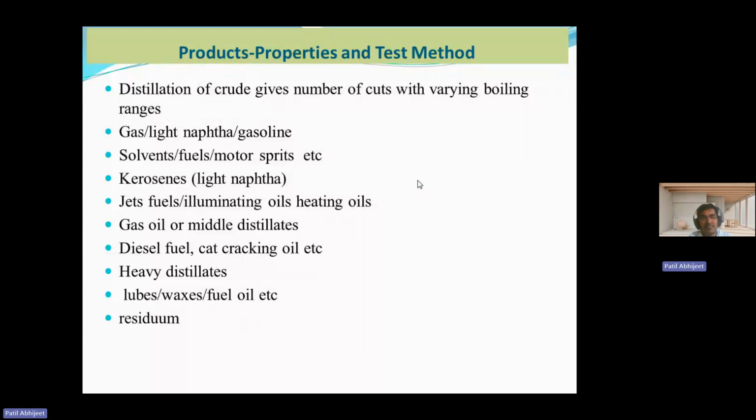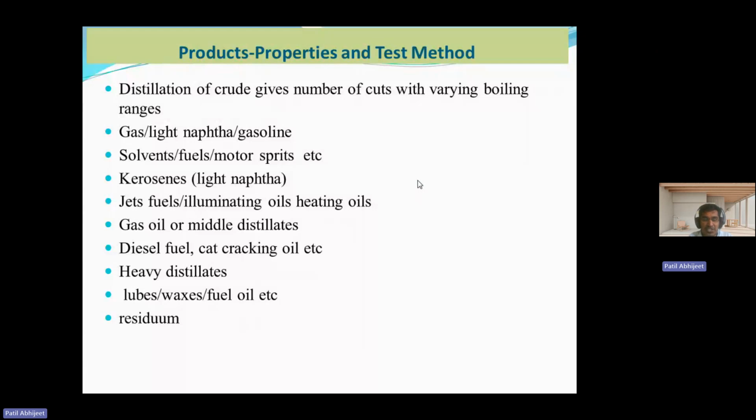Intermediate products may include solvents, fuels, and motor spirit, as I discussed earlier. Then after the middle range, certain lighter products are also obtained. That may include diesel fuel, catalytic cracking oils, and other products like heavy distillates. Heavy distillates are heavier fractions, and their boiling point range is very high.